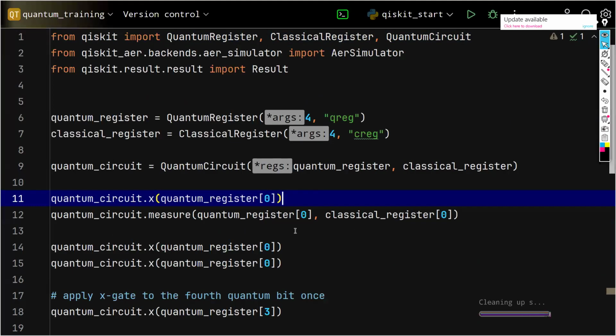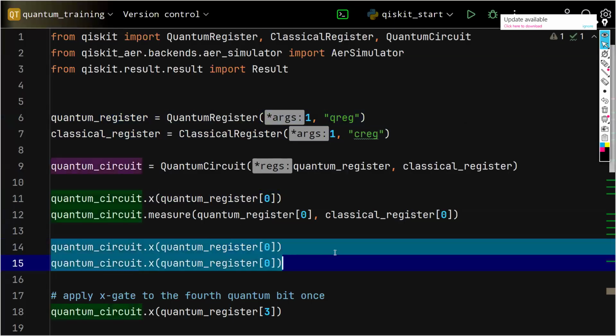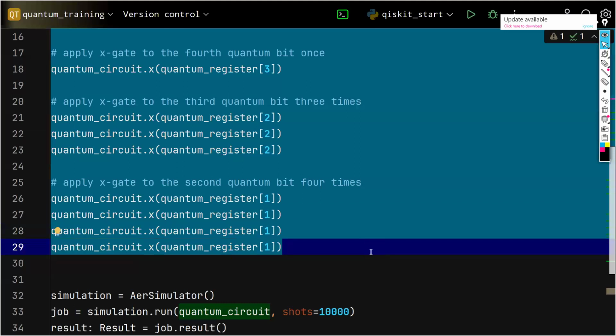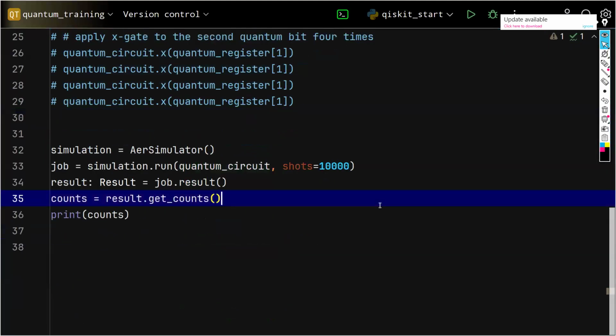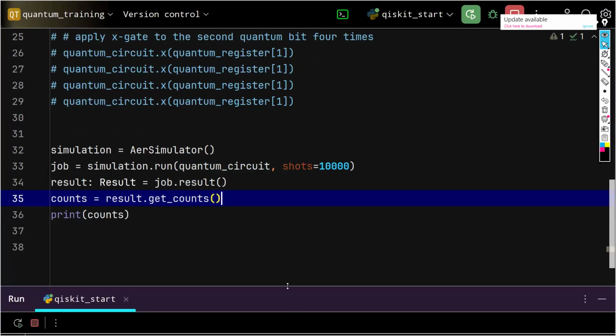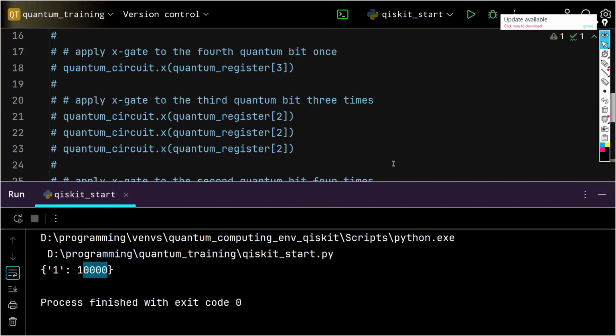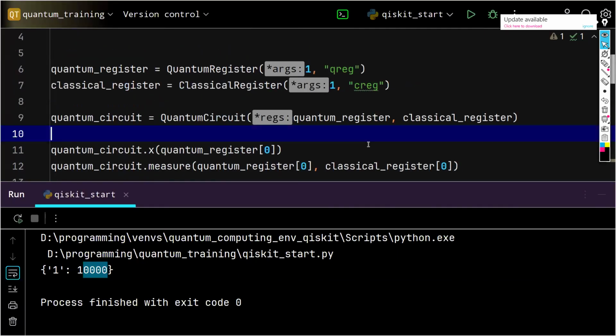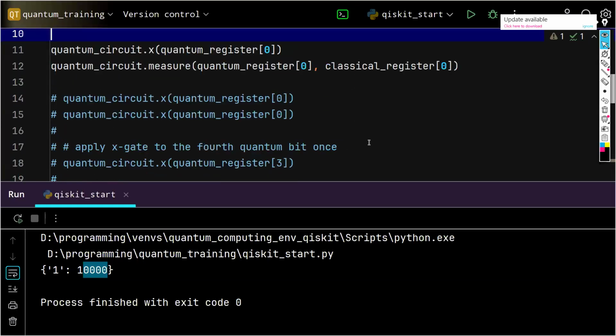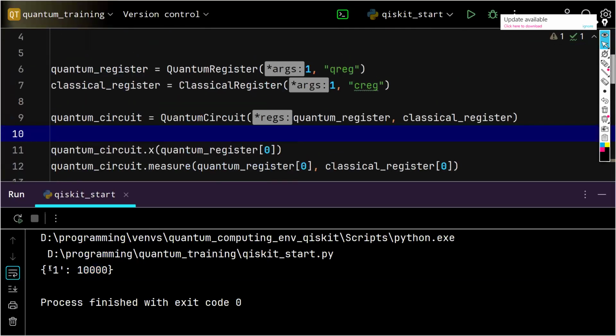So what we have is 1 qubit. This was enough. Let's comment these out. Run the circuit again. I think there will be no errors. Yes. So what you can see here is that we always get a state 1, right?